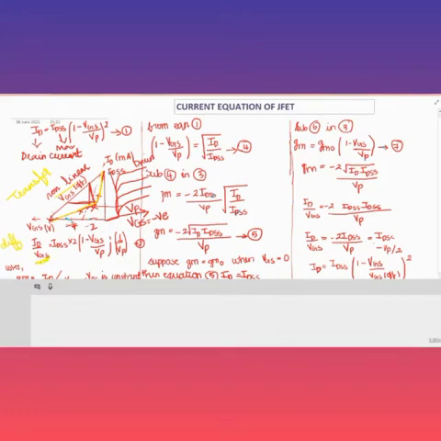So the equation becomes dID by dVGS is equal to IDSS, and when I differentiate this term, I will get 2 open bracket 1 minus VGS by VP. Since I'm differentiating with respect to VGS, I will get 1 by VP. Mark that as equation number 2.